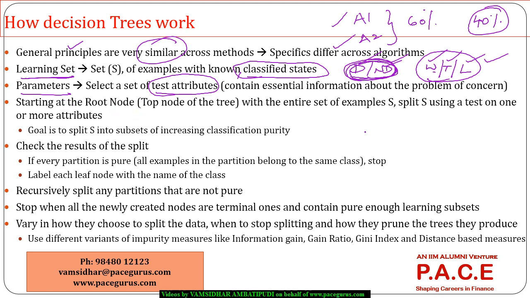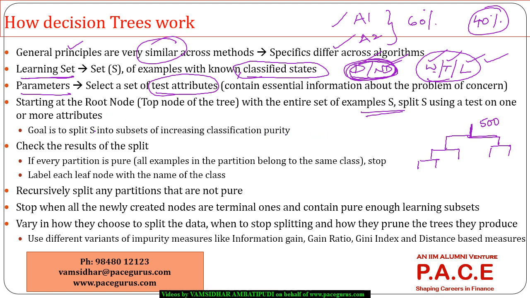The process starts at the root node. This is the root node at the top of the tree. Let's say we have taken a sample of 500 observations. The entire sample of examples is used at the beginning, and this gets split like this.